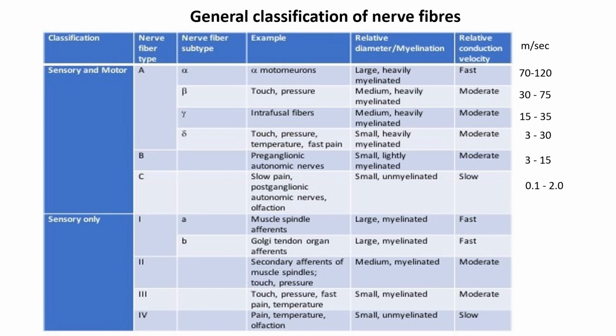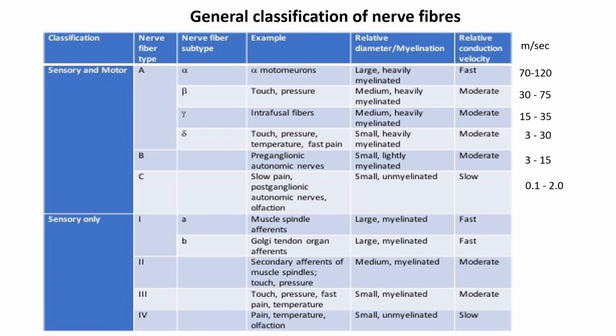And then you have the C fibers. These fibers are unmyelinated and they are small, and they conduct slow pain. Some examples include the postganglionic autonomic nerve fibers as well, and their conduction velocity is the slowest. Sometimes the sensory fibers are also divided into 1, 2, 3, and 4.